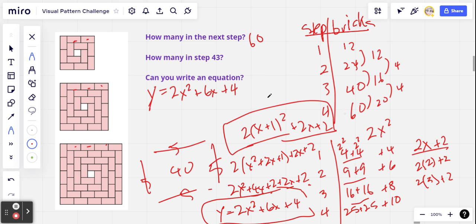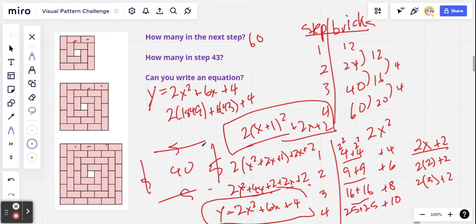All right, wow, that is a tough equation to get to. Now, we can figure out how many in step 43 by just plugging in 43 for x here. So this is going to be 2 times, let's see, 43 squared is 1849. And then 6 times 43 and plus another 4.